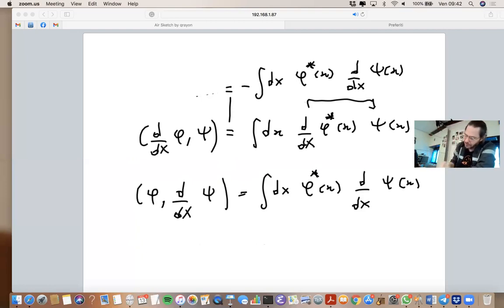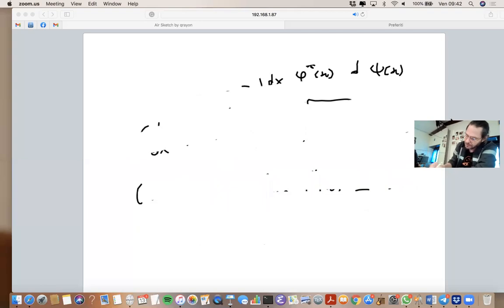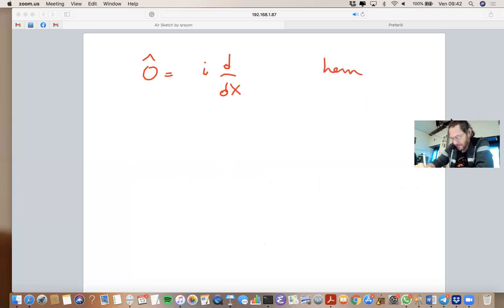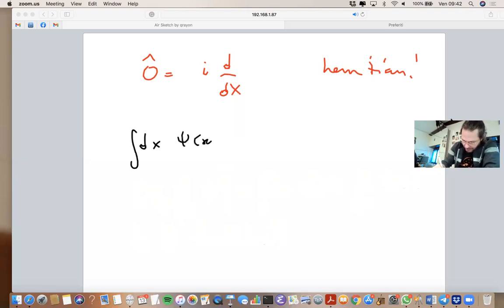However, you can immediately convince yourself that this operator is actually Hermitian. And how do I know? Well, simple. Integral dx psi of x star, i d dx phi of x.